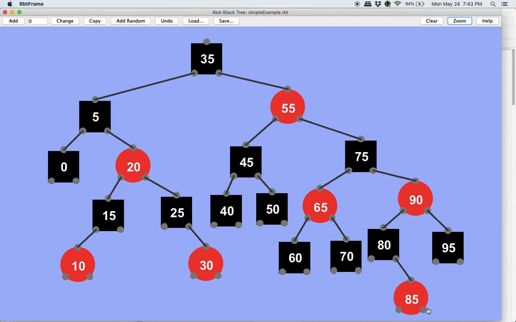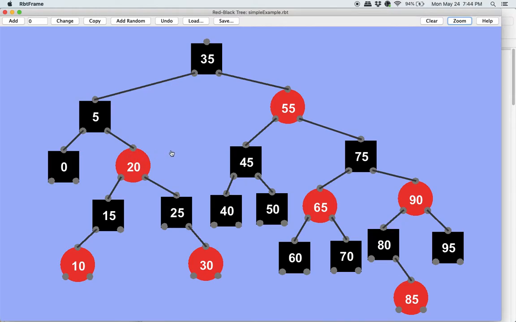If I start at this null down here, count black nodes, 1, 2, 3. So this is a red-black tree whose black height is 3. We also notice that the root is black, and that I don't have any situation where two red nodes are connected to one another.